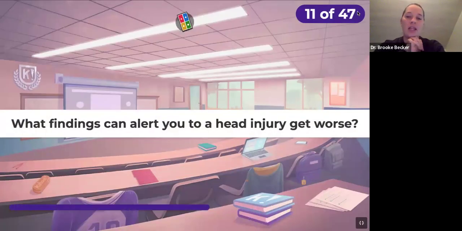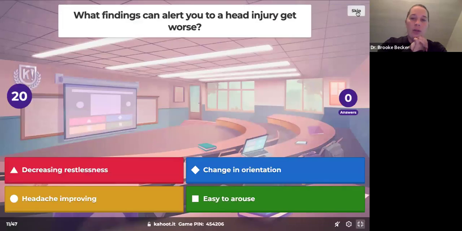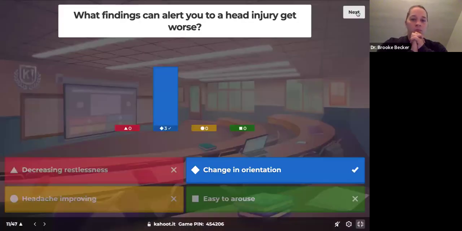What findings can alert you to a head injury that has gotten worse? Decreasing restlessness, change in orientation, headache improving, or easy to arouse? Change in orientation, yes.